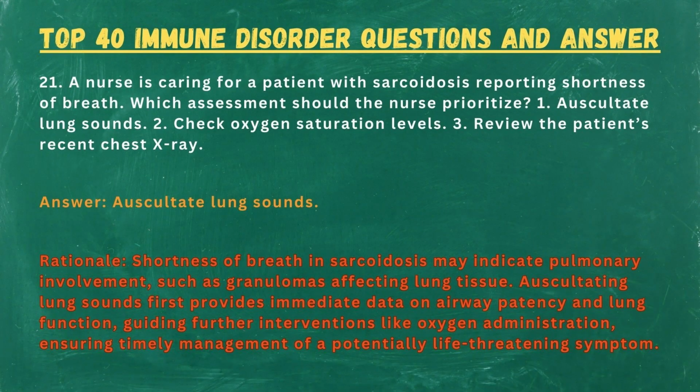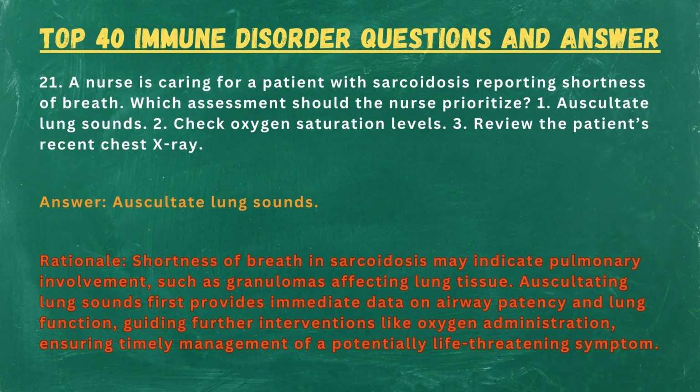21. A nurse is caring for a patient with sarcoidosis reporting shortness of breath. Which assessment should the nurse prioritize? 1. Auscultate lung sounds. 2. Check oxygen saturation levels. 3. Review the patient's recent chest X-ray. Answer: auscultate lung sounds.